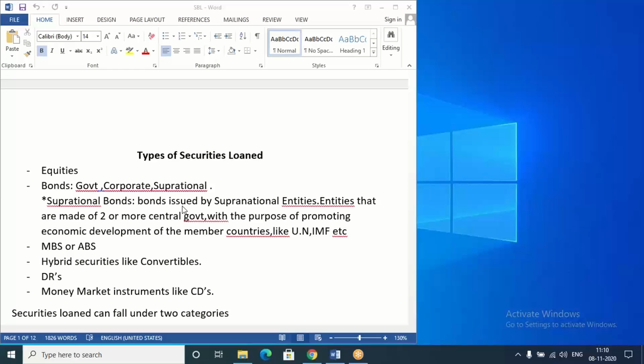Other types of securities that can be loaned are mortgage backed securities, asset backed securities, and hybrid securities like convertibles. What are convertibles?